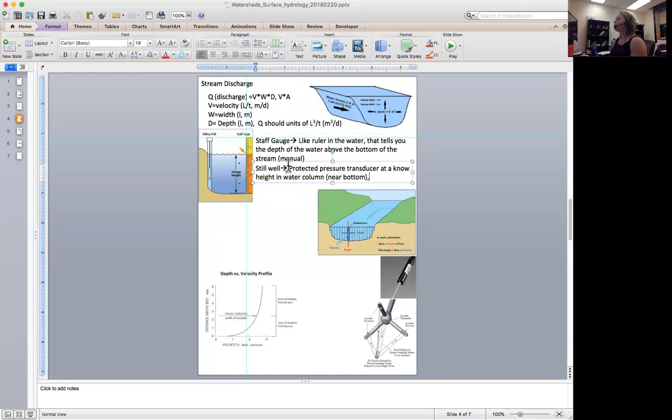And all the pressure transducer does is determine the amount of water sitting above it.